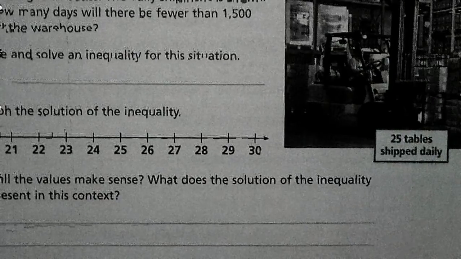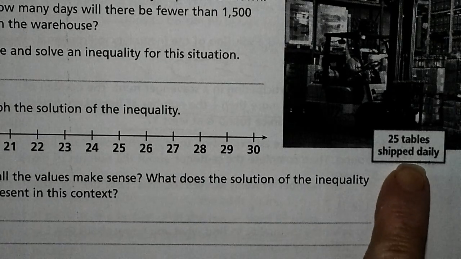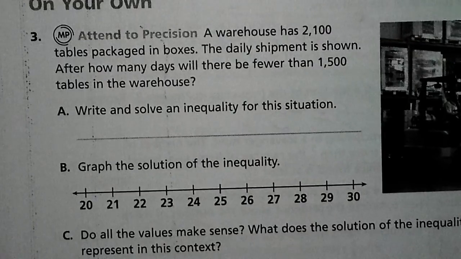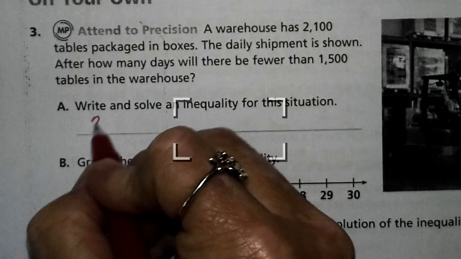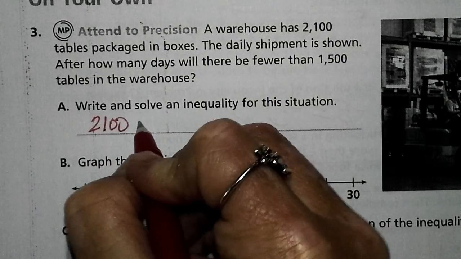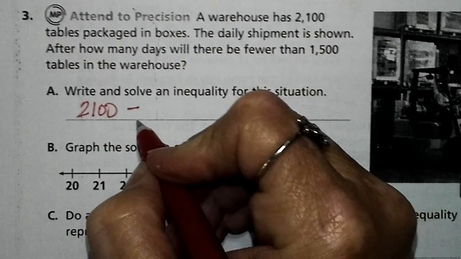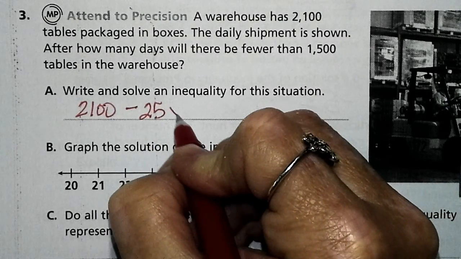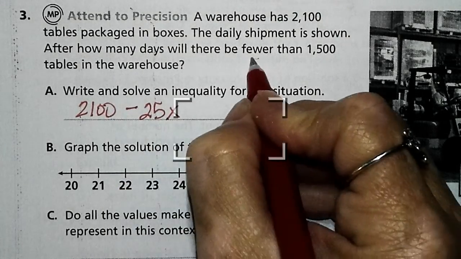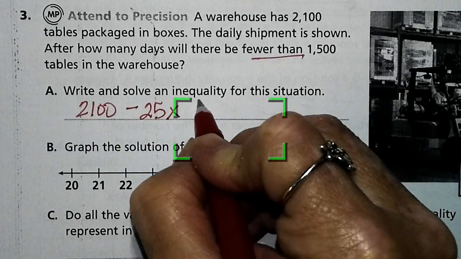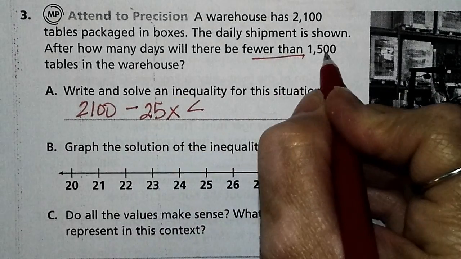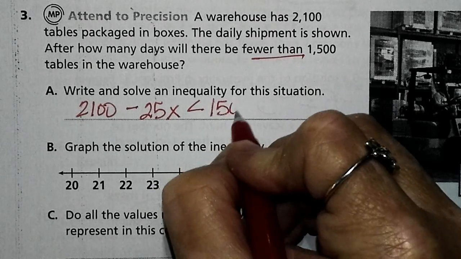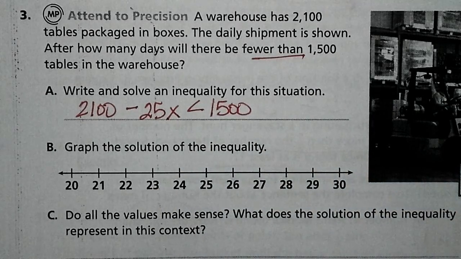Okay, so how many do they get shipped a day? 25. Yep. So if they start out with this, we're going to subtract what a day? 25x. Yep. And then it is fewer than, so this is less than 1,500.